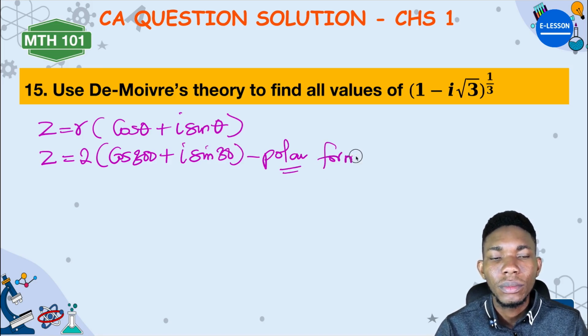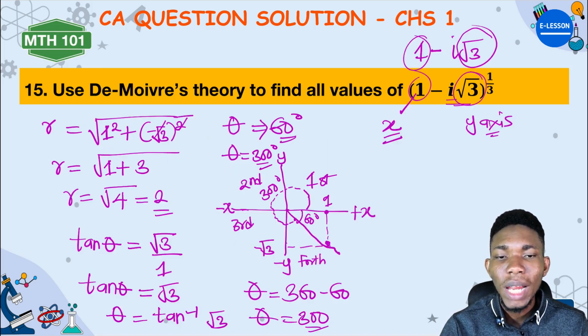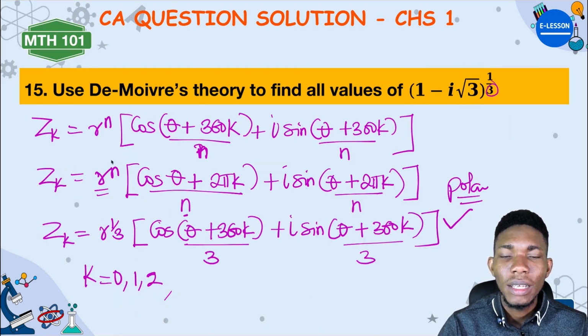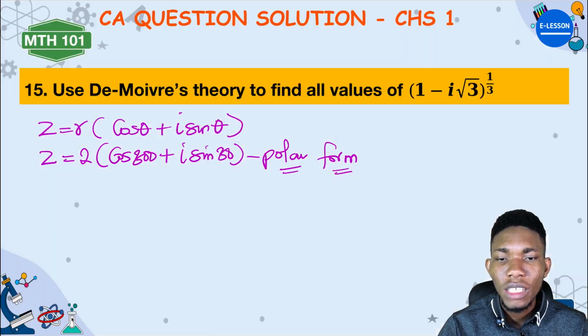Now that you've gotten the polar form of this complex number, the next thing you need to do, my dear student, is to get the values. I told you that you are going to use this formula. De Moivre's formula is this formula here, where k will be changing. So de Moivre's formula said what?